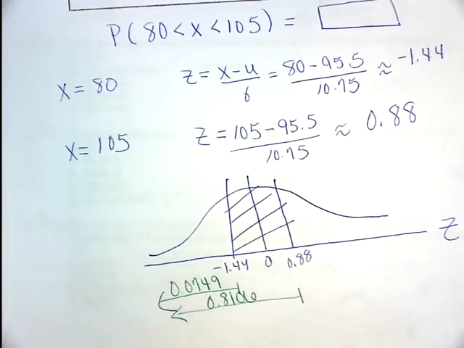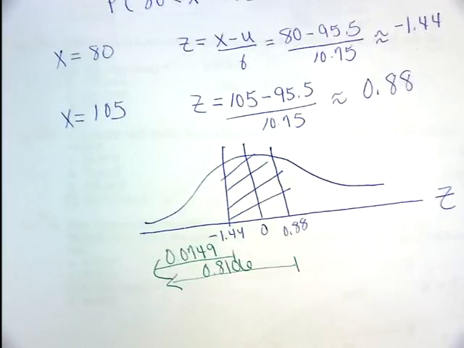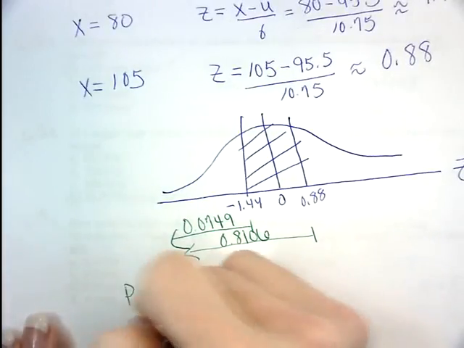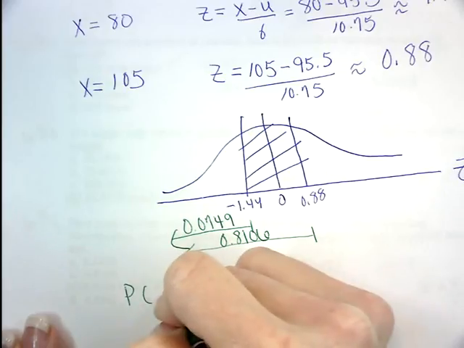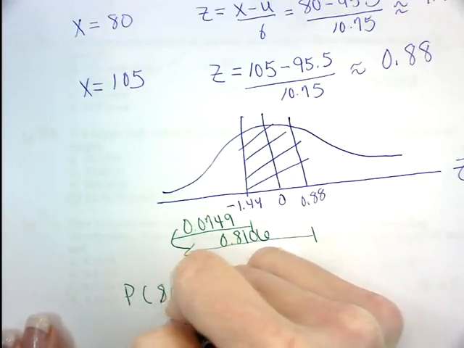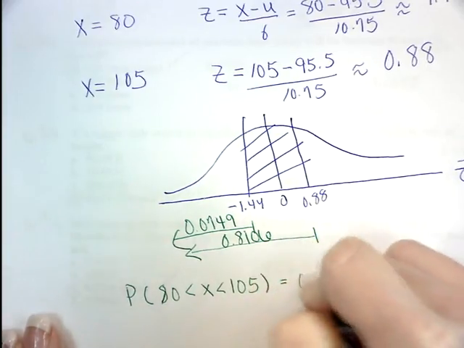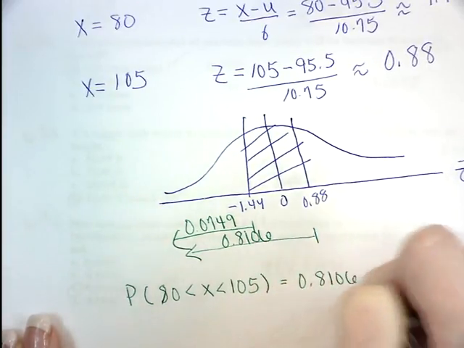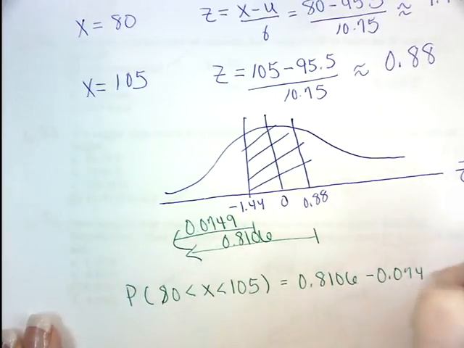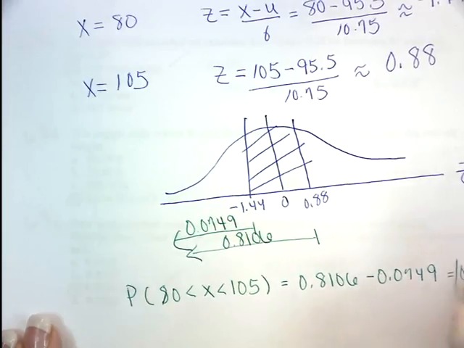So now that we have our 2 areas above and below, it's just simple subtraction. The probability that x is between 80 and 105 feet tall is equal to 0.8106 minus 0.0749, which is 0.7357.